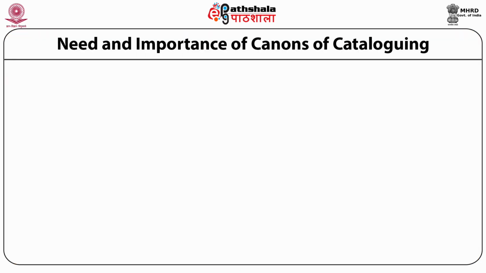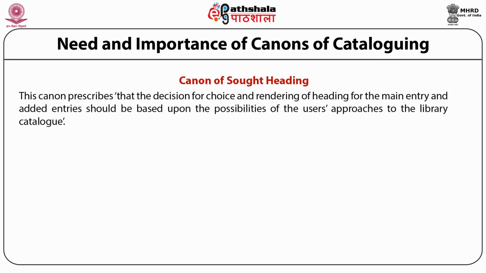Fourth canon is Canon of Sought Heading. This canon prescribes that the decision for choice and rendering of heading for the main entry and added entries should be based on the possibility of the user's approaches to the library catalog.